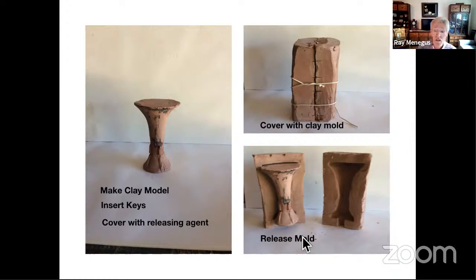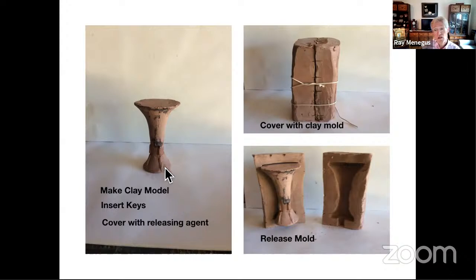So the first thing that the artist would do is make a clay model, a solid clay model of the object he wanted to make. Now, I'm just running through this really quickly, so I didn't take a lot of time to place decorations on the surface. The artist would place as many decorations as he thought feasible at this point on the clay model.